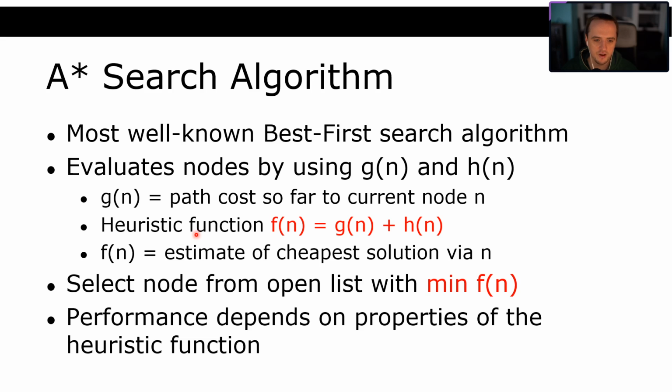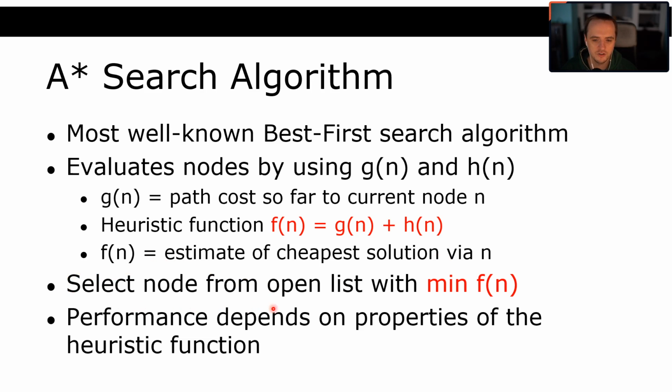We also have a heuristic function H of n. And the heuristic function is a guess at how far a node has left to the goal. F of n is the estimate of the cheapest cost solution via node n to a goal.